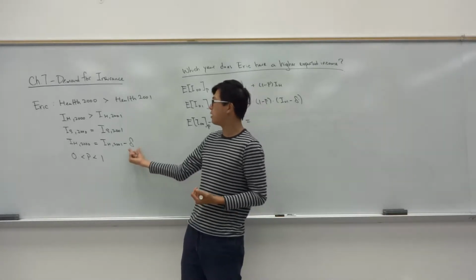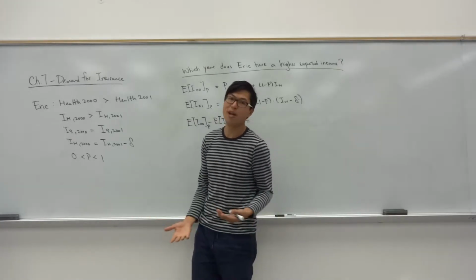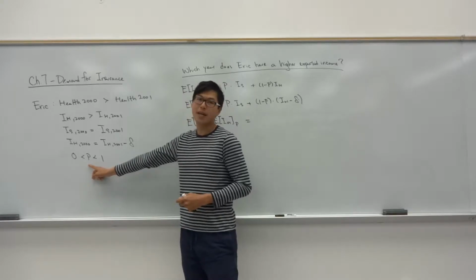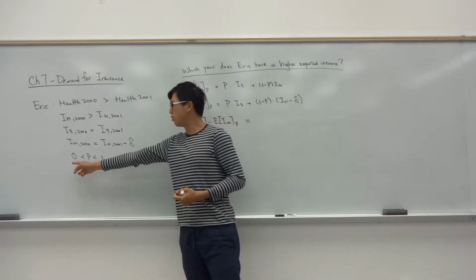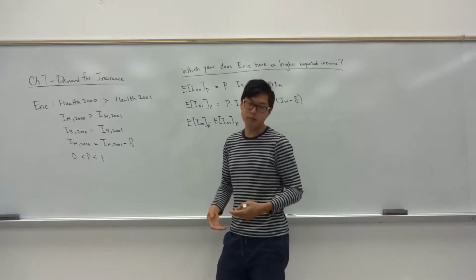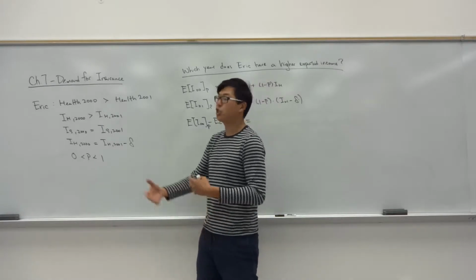You can think of this delta as $500 or maybe $1,000, just some random number. And the probability P of getting sick is between 0 and 1 for Eric. There is some probability, we don't know what it is, but we can simply put it as a general term here.